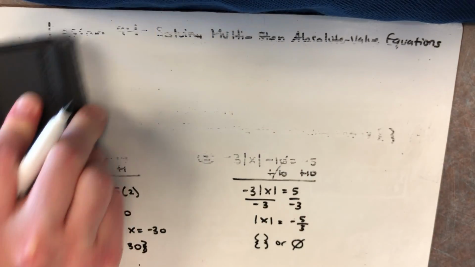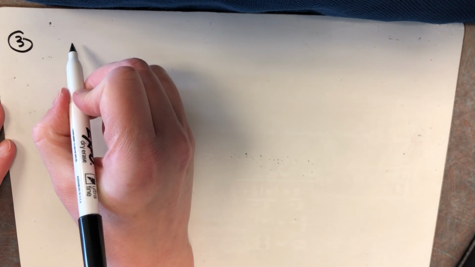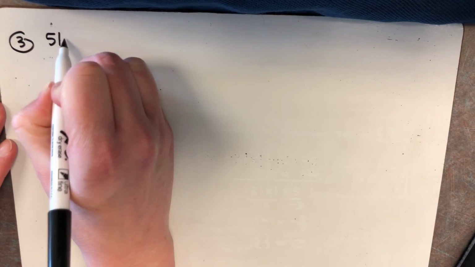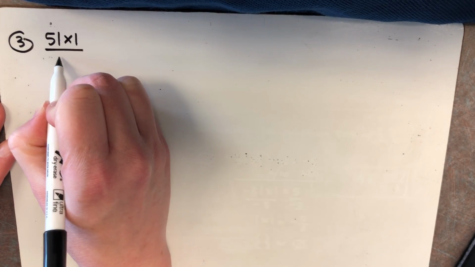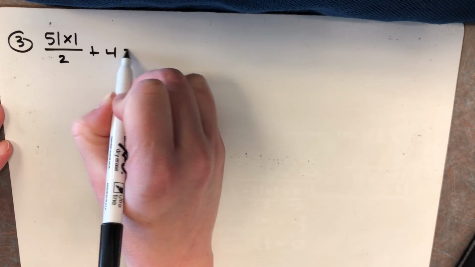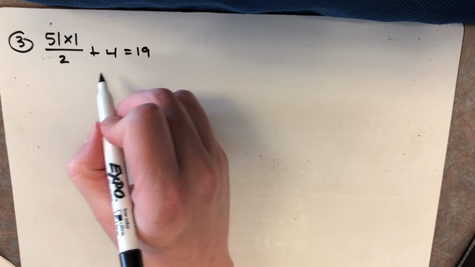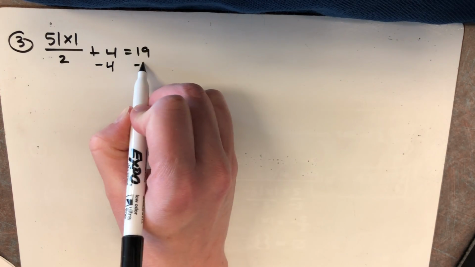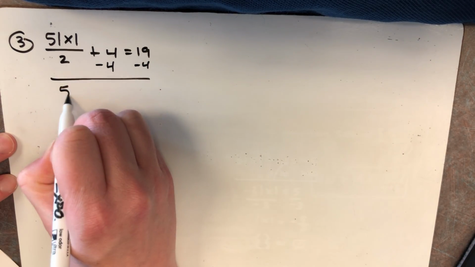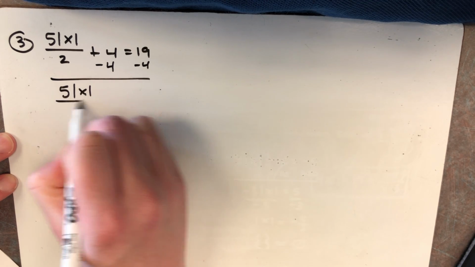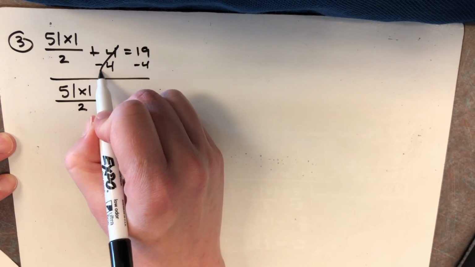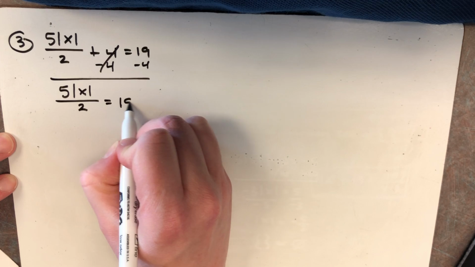All right, example 3 is 5 times the absolute value of x divided by 2 plus 4 equals 19. So I'm going to start by subtracting 4 from both sides. So I get 5 times the absolute value of x over 2 equals 19 minus 4 is 15.